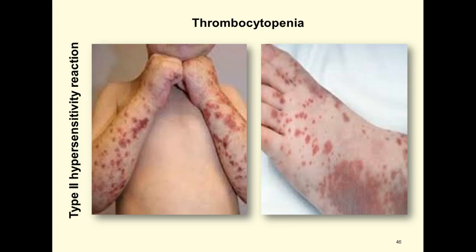Move on. Thrombocytopenia. So when we have problems with the amount of platelets, in this case we have a lot of hemorrhages. As you see, this looks like a rash, but this is not exactly a rash. How can we distinguish? Is this rash or is this hemorrhage?